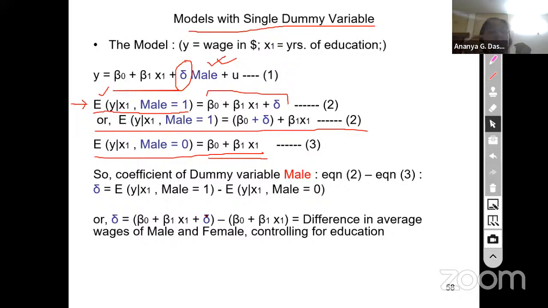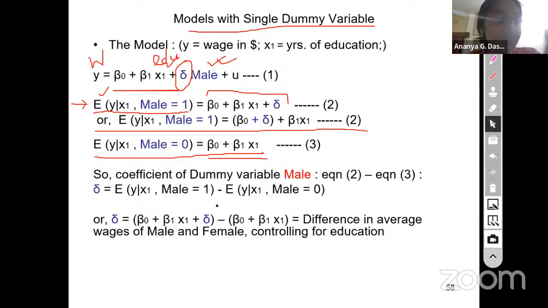So there's a couple of things I want you to note over here. When you're using a dummy variable called male, you are literally saying that I'm estimating two lines between, let's say this is wage and this is education. I'm actually estimating two lines between wage and education, one for males and one for females.